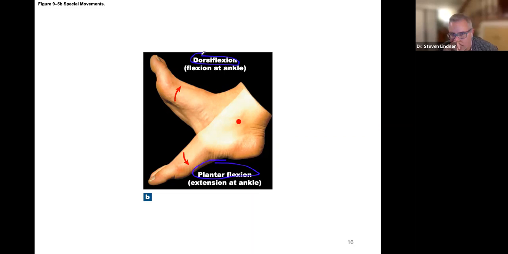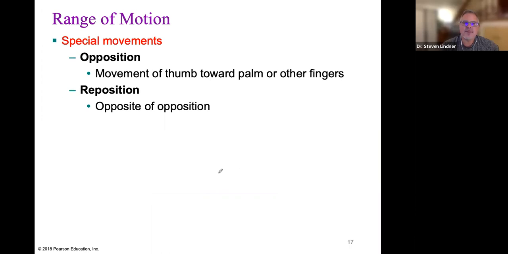Okay, dorsiflexion, plantar flexion. We use these terms, dorsiflexion and plantar flexion, to replace the typical flexion and extension terminology that we would use of other joints. Okay, so I want you to get familiar with dorsiflexion and plantar flexion, not flexion of the ankle and extension of the ankle. No one really uses those terms. It's always dorsiflexion or plantar flexion.